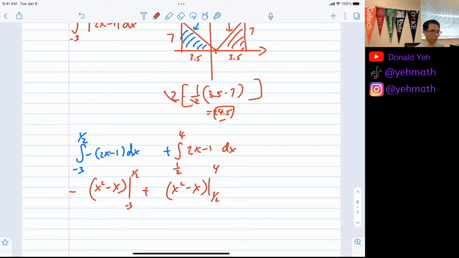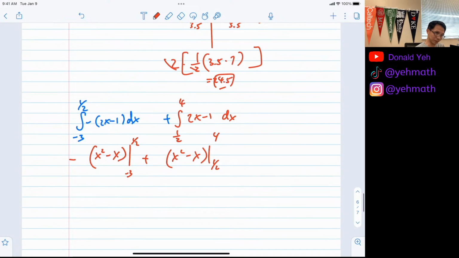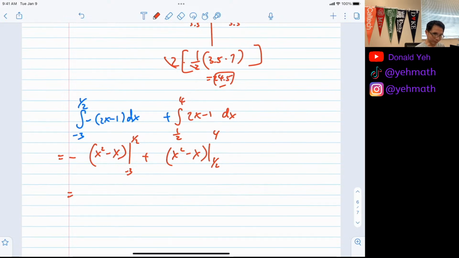Just by doing this, it's already more work than you've done geometrically. But that's okay. So it'd be negative, and you have to put a parenthesis around it. And then that's going to give you 1/4 minus 1/2 minus, it's a lot of work, minus 9 minus negative 3. And that's just the work on the first part.